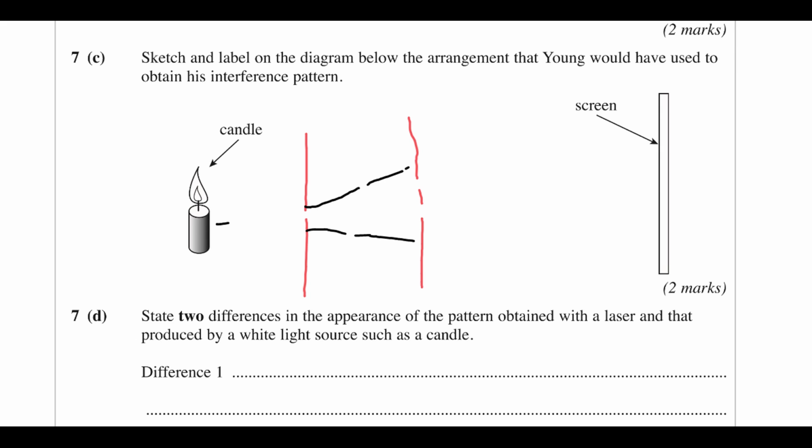So your light's coming in here, is diffracted outwards, so it essentially goes over the two slits, and then you get your interference pattern from that. So let's just label our diagram. So it goes through the single slit first, then the double slit.